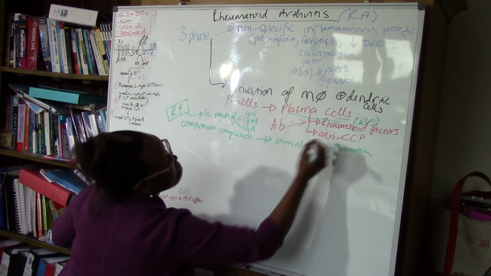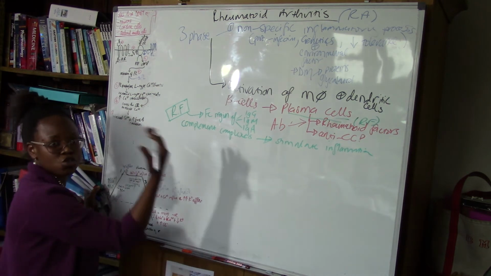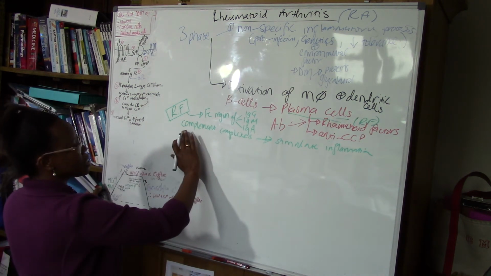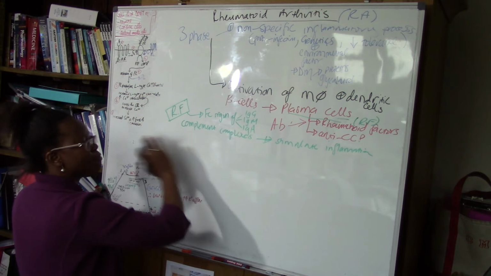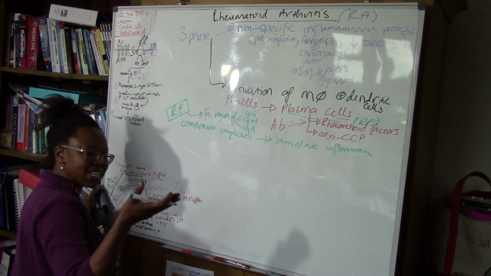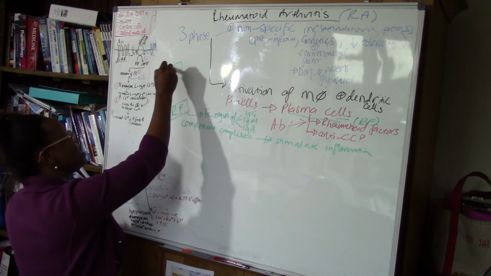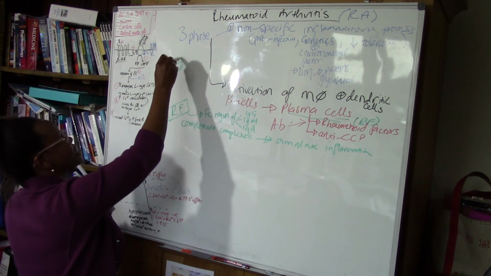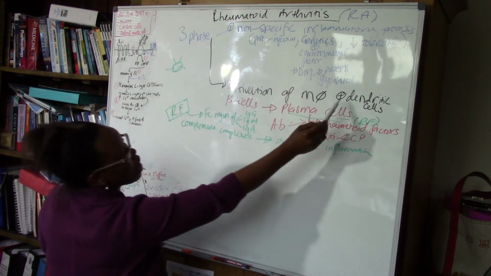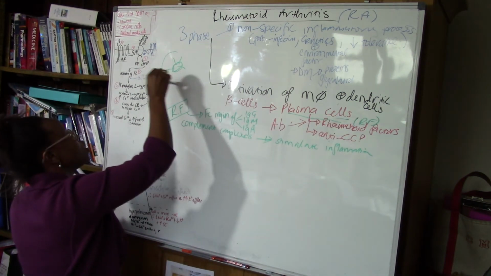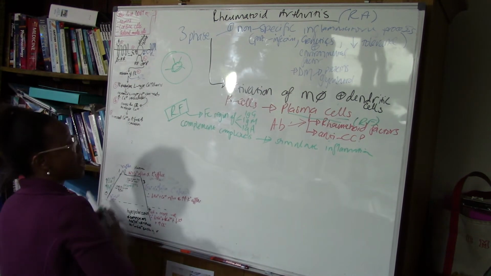Because if we remember, complement in its true form is a mechanism for the opsonization of bacteria. Therefore, if complement is formed on any tissue, on any cell, it causes macrophages and dendritic cells to engulf that.